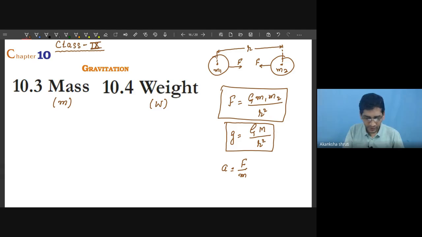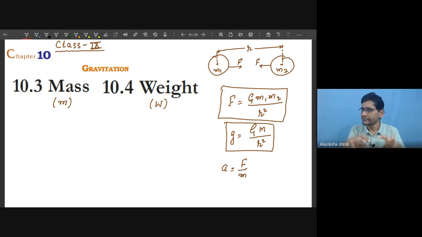Now what is this g, this F? This we have to understand in more detail with reference to mass and weight. A student, in this formula we have used one term called mass. The term mass is a scalar quantity which simply tells how much material is there.